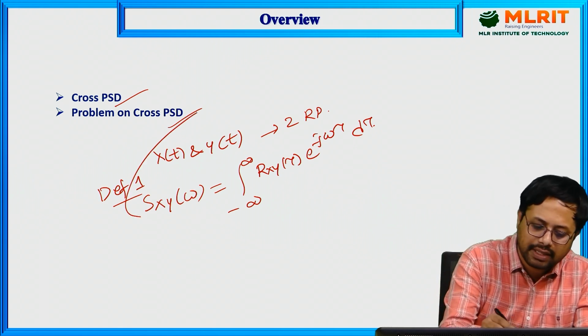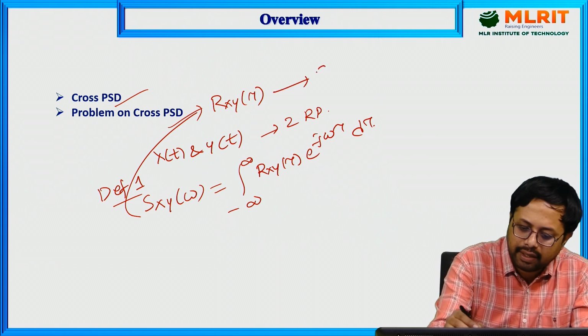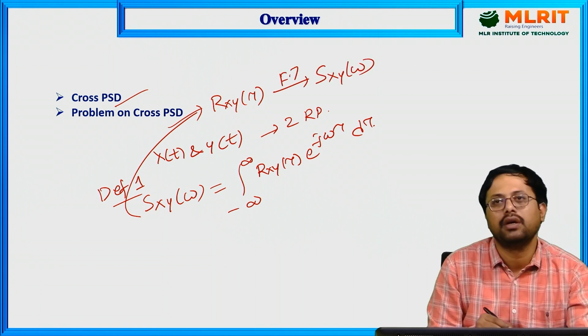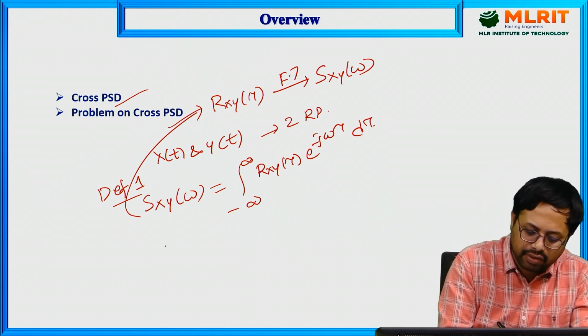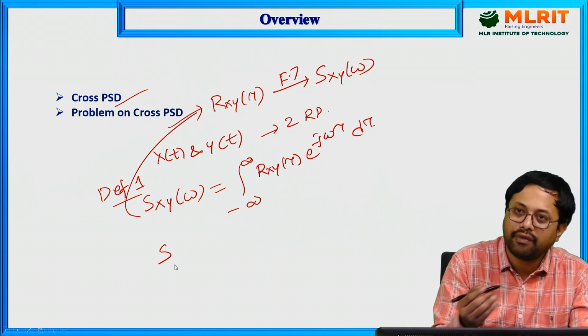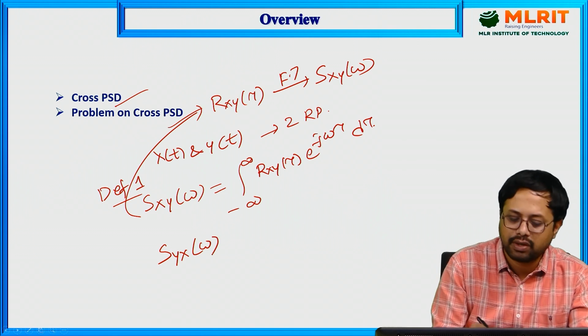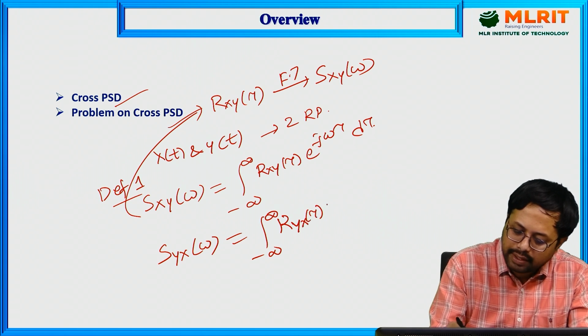This definition tells that the cross correlation function and cross power spectral density form a Fourier transform pair. You can also calculate for y of t and x of t, that is denoted as Syx of omega is equal to integral minus infinity to infinity Ryx of tau e power minus j omega tau d tau.